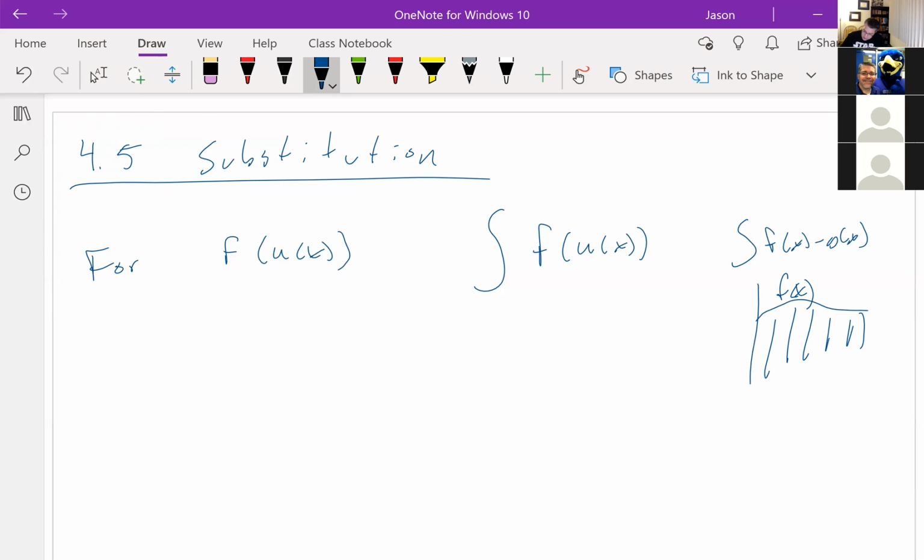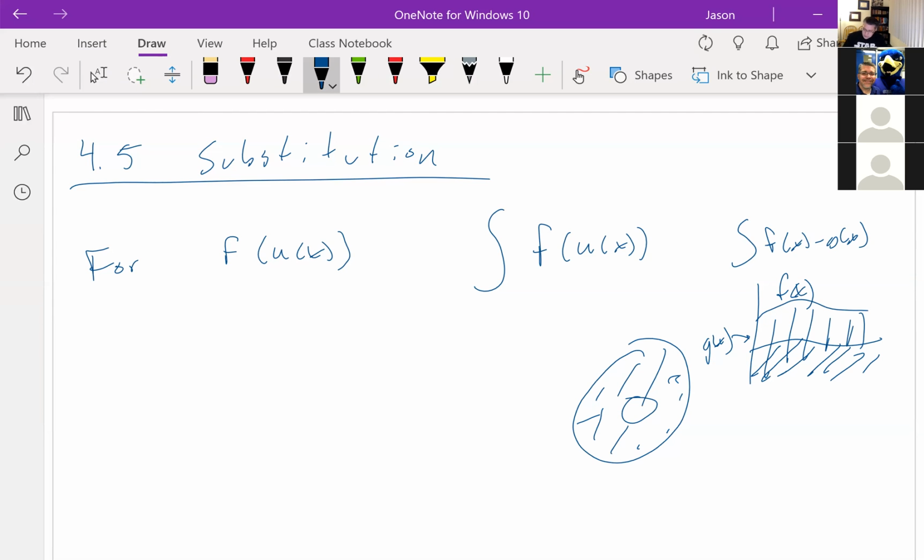Say this guy is g of x, so that's minus this area below g of x. So what's the area that I really want? The f of x would always be the line above g of x. That's how you would determine which graph would be which function.